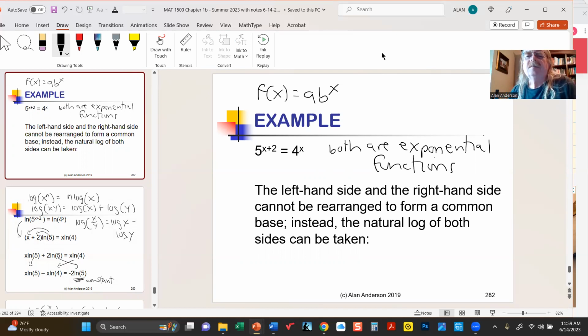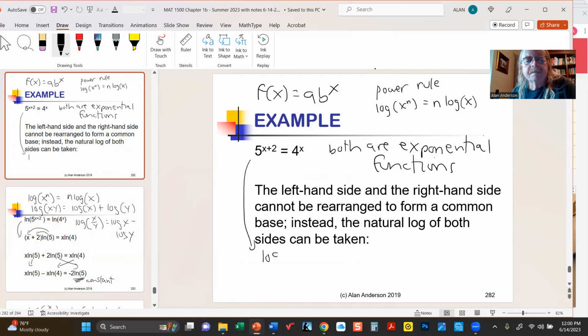Now remember, the so-called power rule of logs tells me that the log of any base, x to the n power, is n log x. So let's try this experiment. Can I take the log of both sides? Sure.